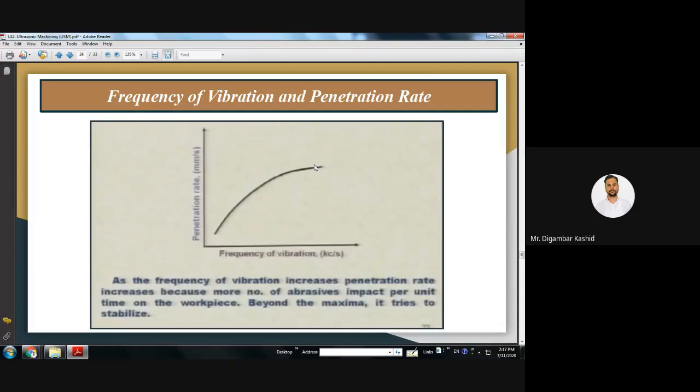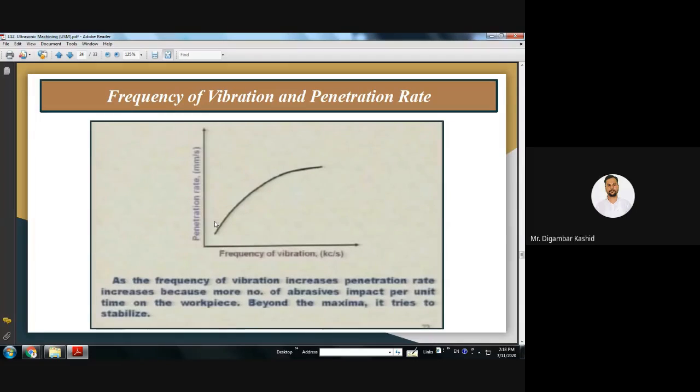Then next, here I have shown the relationship between frequency of vibration and the penetration rate. We know that for vibration there are two properties, frequency and amplitude. We have just seen the amplitude, now I will talk about the frequency.